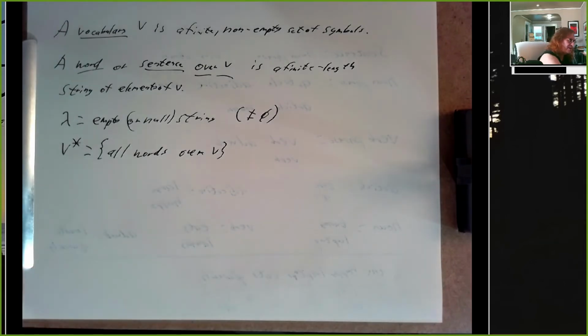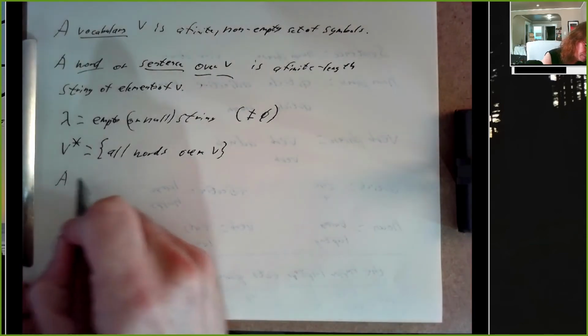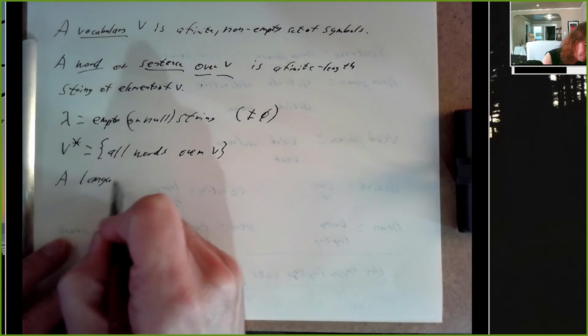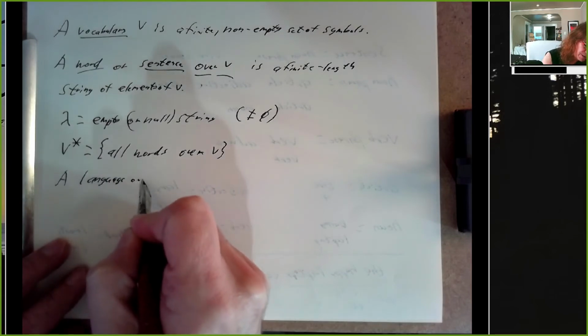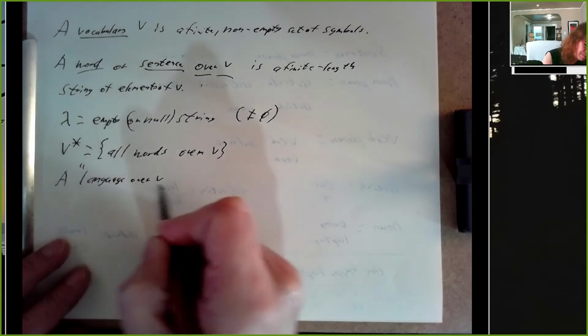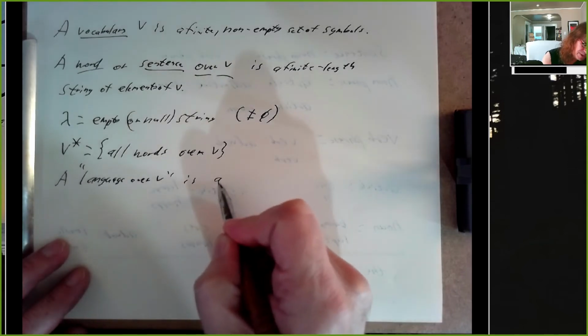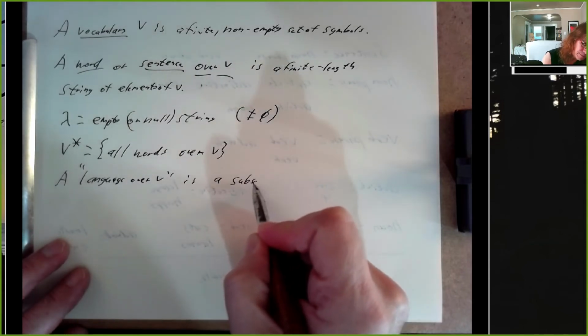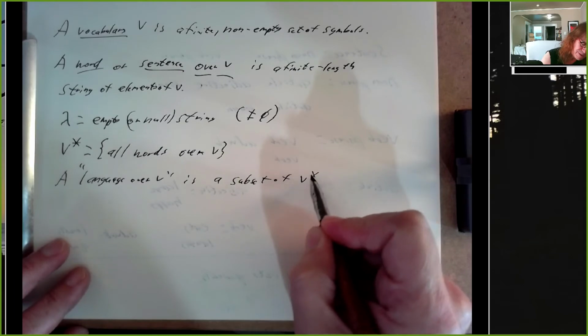All right, so now we can describe what a language is. So a language over V is just a subset of V star.